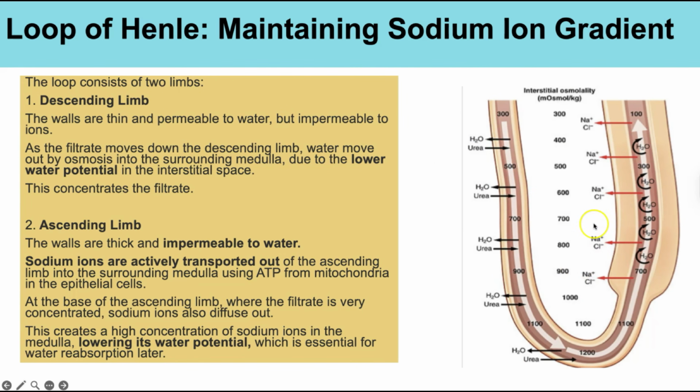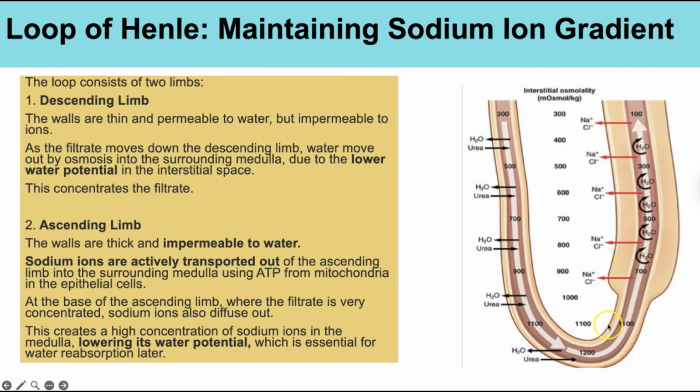So here's a bit about the loop of Henle in a bit more detail, because we said that descending limb, the walls are thin and permeable to water, but impermeable to ions. So as the filtrate moves down the descending limb, water will move out by osmosis into the surrounding medulla due to that lower water potential, and the concentration of the filtrate will increase.